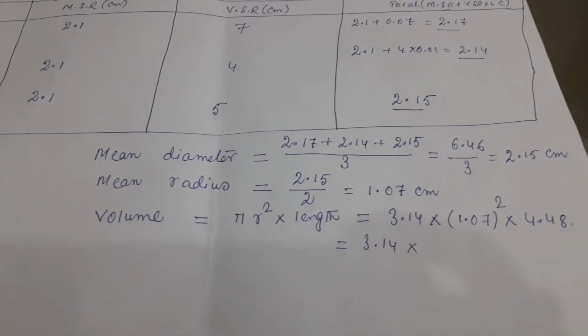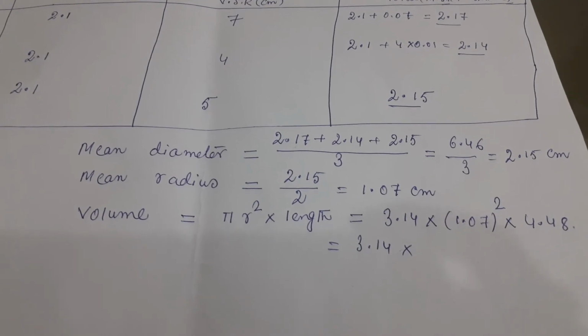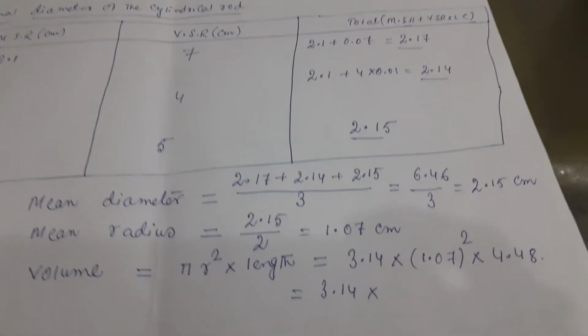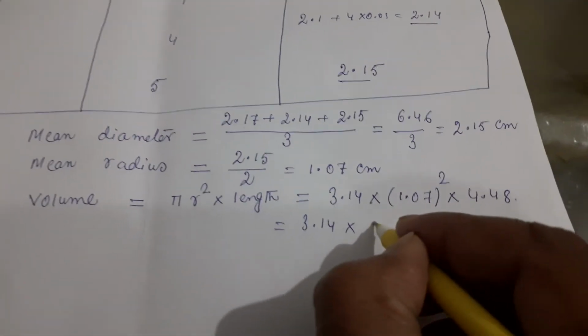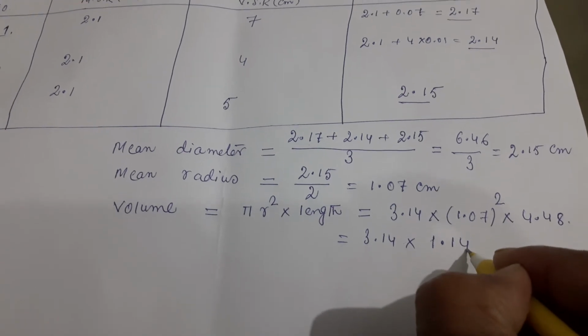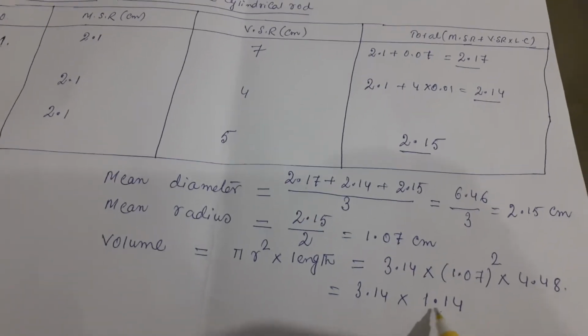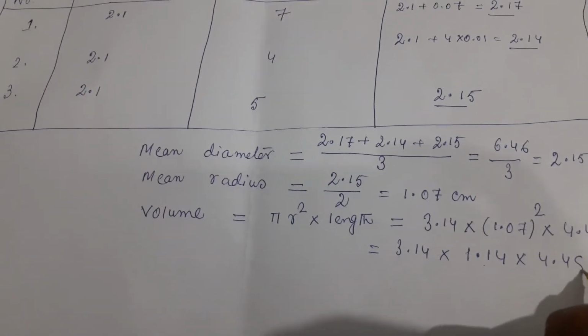3.14 into, actually if you just multiply 1.07 into 1.07, then what value is coming? That is coming as 1.14. Okay, 1.14, actually 2 digits after the point we are taking here, into 4.48.